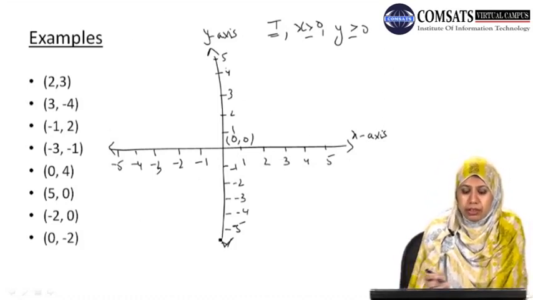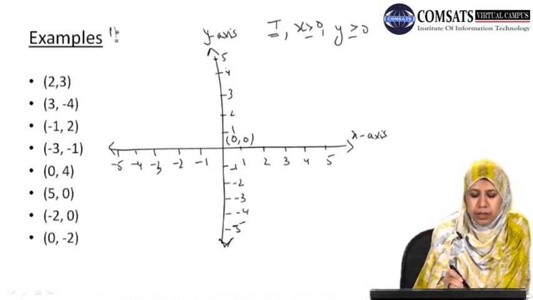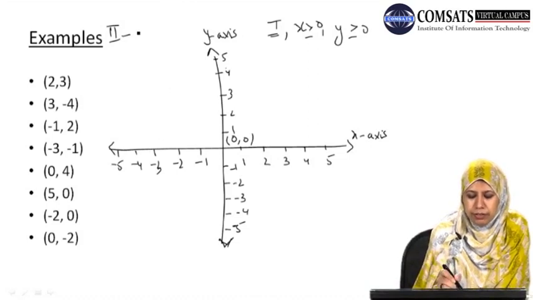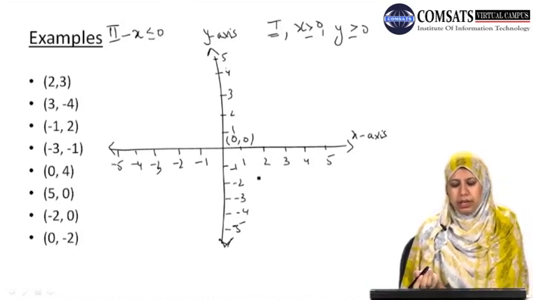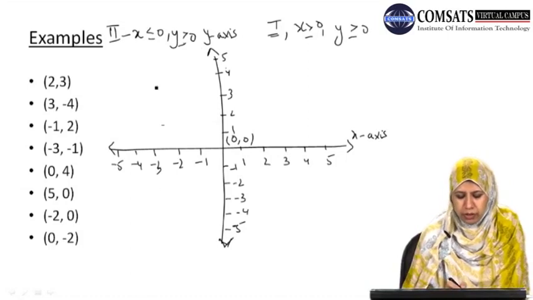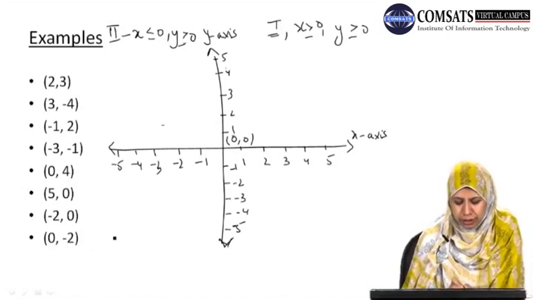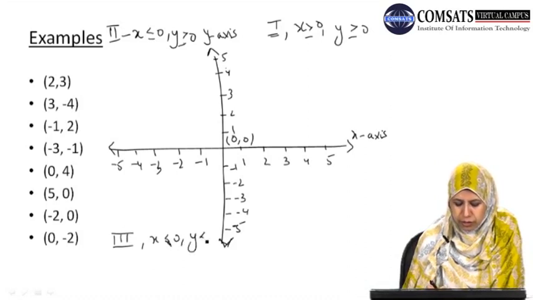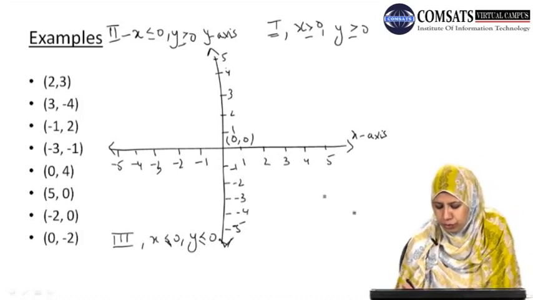Now moving in the counterclockwise direction, the upper left one is our second quadrant, that is when x is negative and y is positive. Now coming downwards, the lower left one is our third quadrant, that is when x is negative and y is also negative.